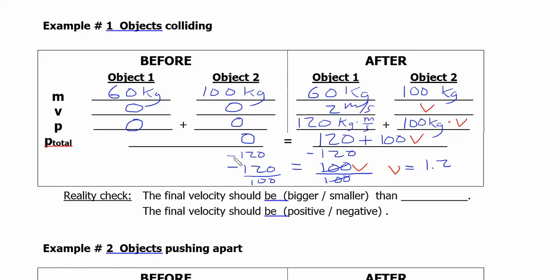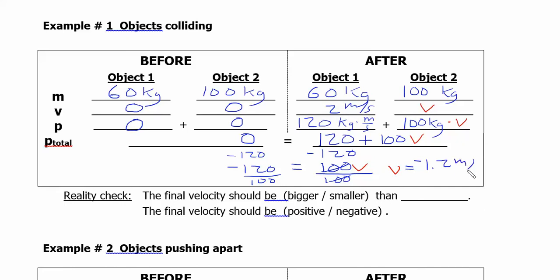And I should be aware that there's a negative sign here, so it's going to be negative 1.2. And I'm also going to make sure I include units for my answer here. So the units are going to be the same units that I had for the original velocity of 2 meters per second.